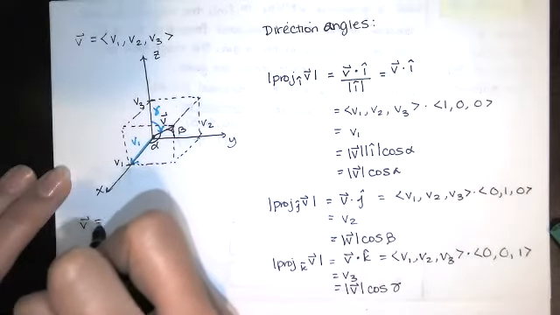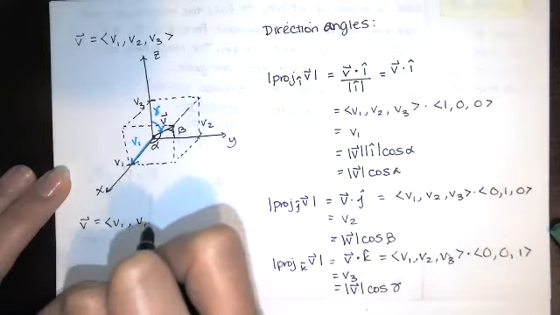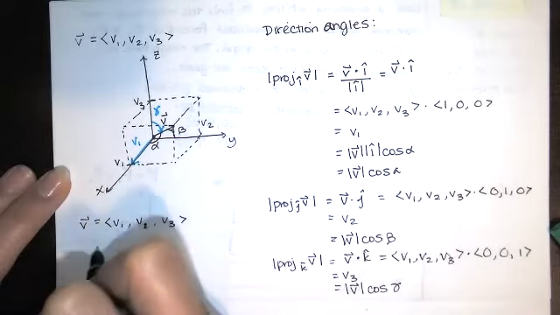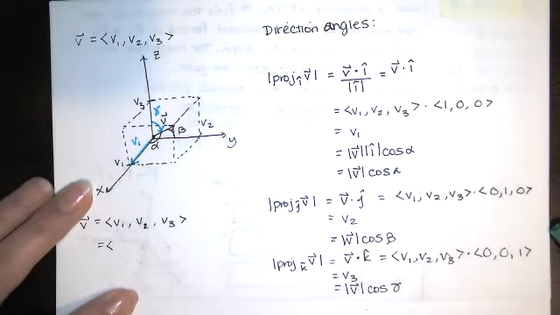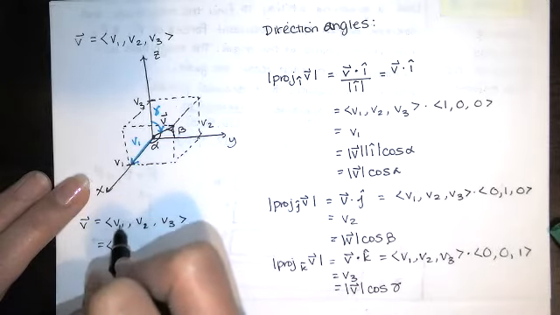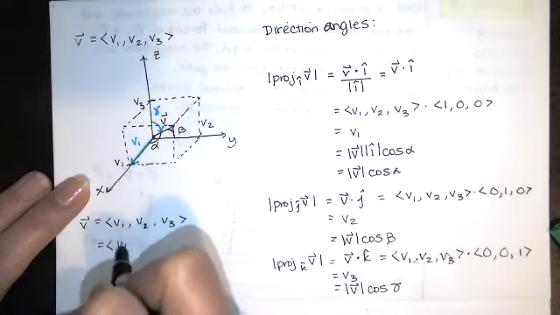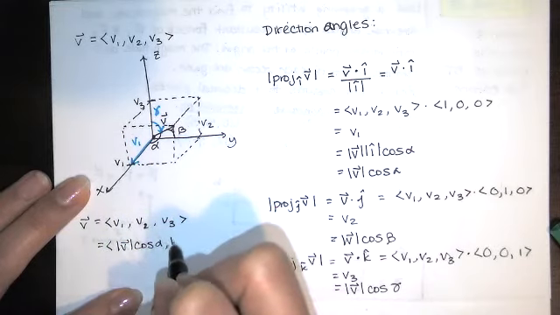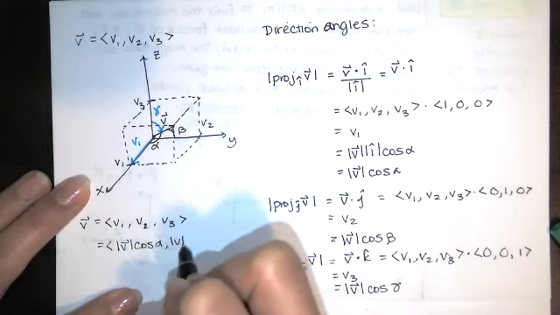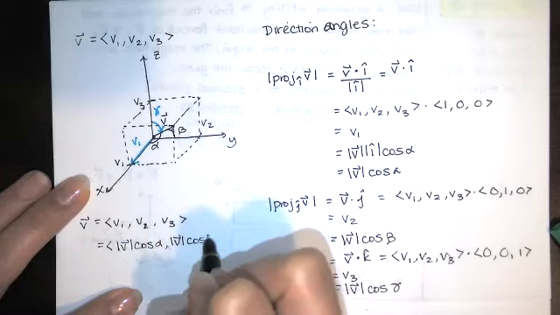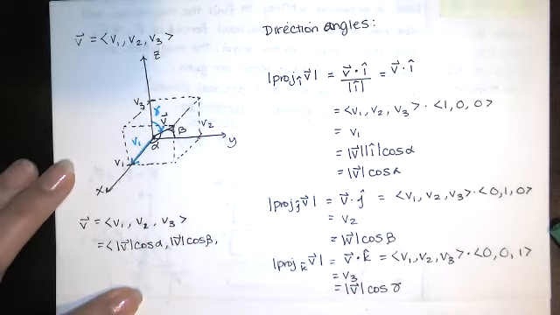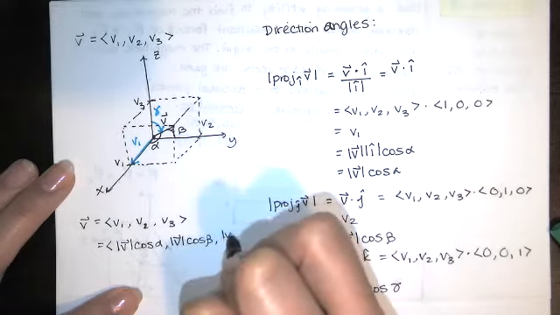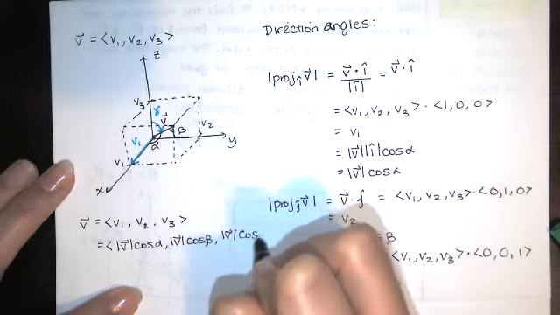Well, it means if our vector V has component form V1, V2, V3, that can be rewritten as V sub 1, which is the length of V times cosine of alpha, times I hat, plus V sub 2, which is the length of V times cosine of beta, times J hat, plus V sub 3, which is the length of V times cosine of gamma.